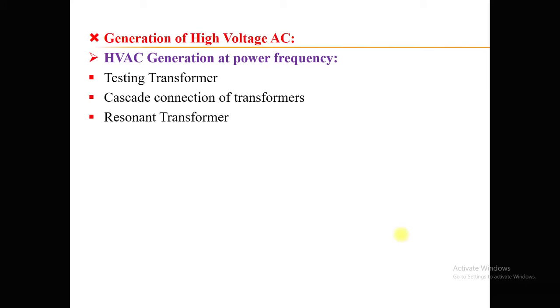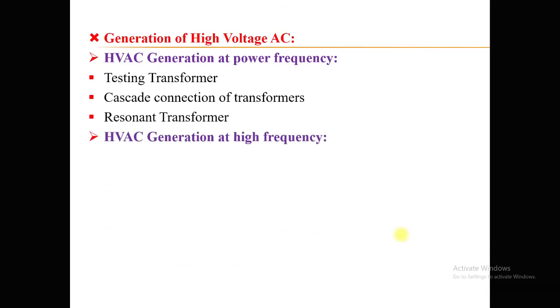Another approach that you may take is to use the resonant transformer, which operates under the resonance principle. So these are the three methods or three equipments through which you can generate high voltage AC at power frequency to get the required test voltage at reduced cost.